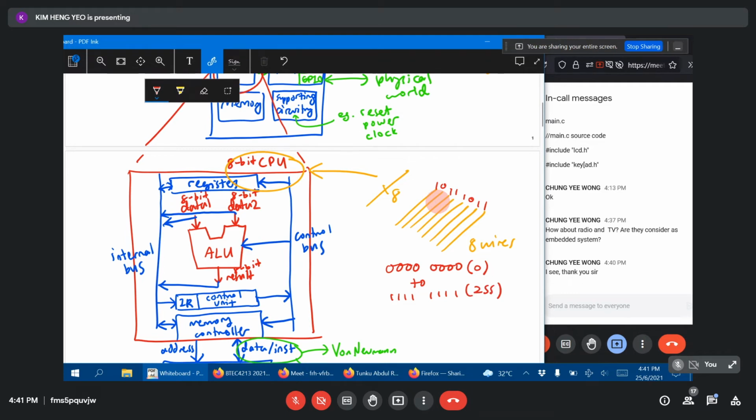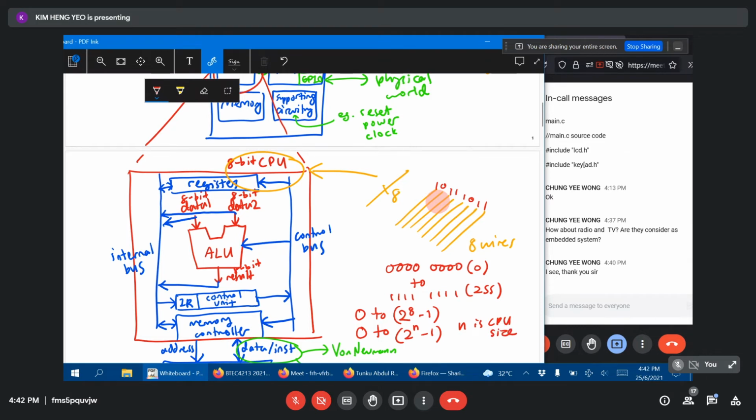Or we can generalize and say 0 to 2 to the power of 8 minus 1. Or more generally, 0 to 2 to the power of n minus 1, where n is the CPU size.